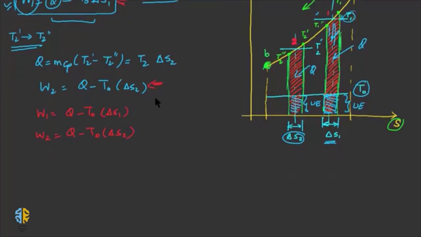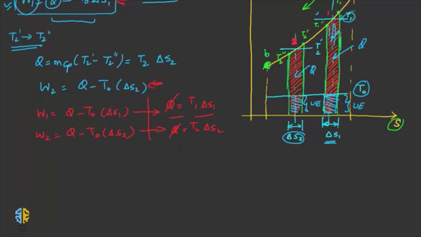If you take the value for Q for this process, you will have Q is equal to T1 delta S1, and for this you will have Q is equal to T2 delta S2. So now compare these two, you can cancel these off.